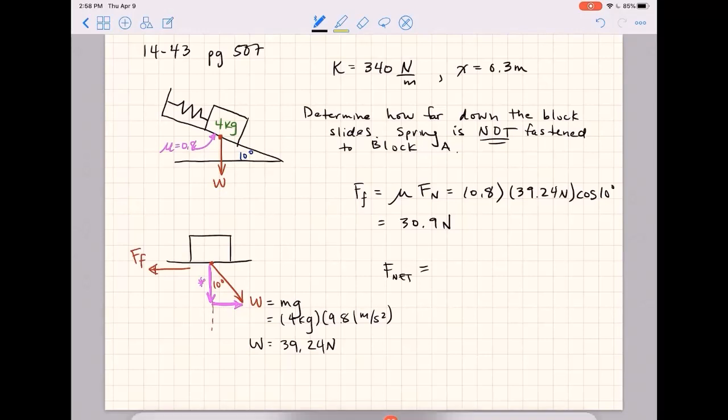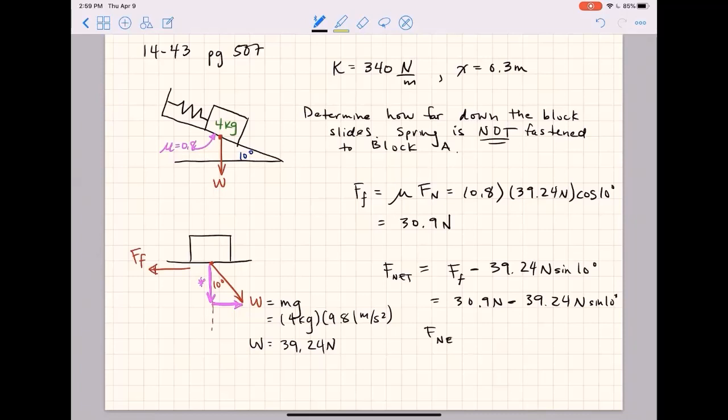That's just going to be equal to the force of friction minus that horizontal component, which is 39.24 newtons times sine 10 degrees. So that force of friction, remember, is 30.9 newtons, so we are just subtracting 39.24 newtons times sine 10 degrees. And so the net force acting on this block would be 24.9 newtons.